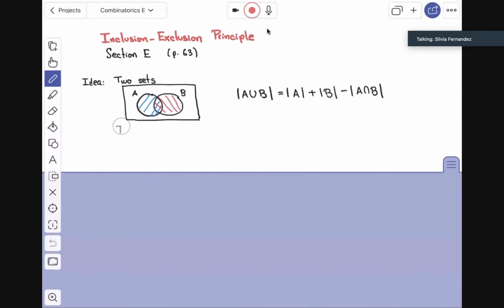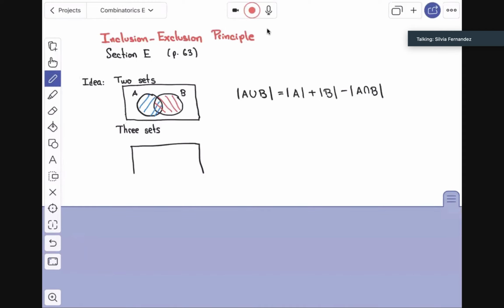And we can use that same idea when we have three sets. How can I express the union in terms of the number of elements per set or the intersections? So I have A, I have B, and I have C. And so if I want to know the number of elements, by the way, the bars are just cardinality, right?